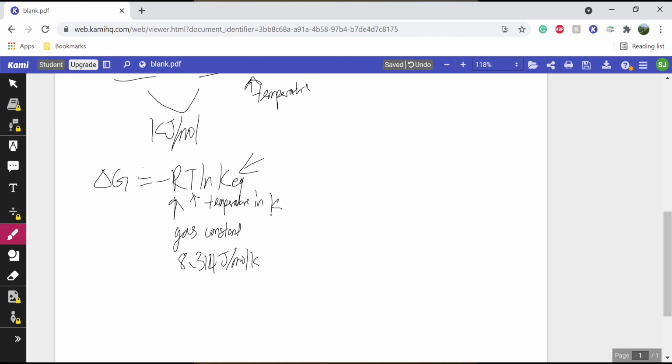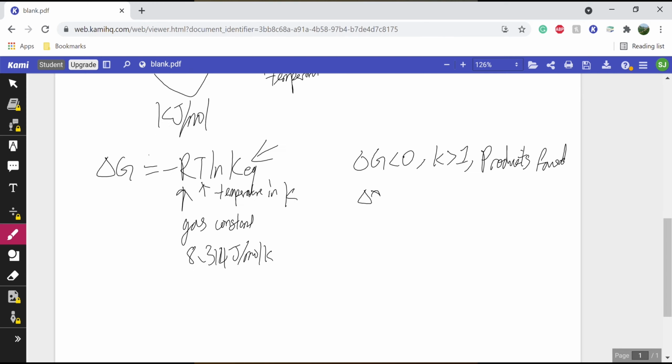And over here, if deltaG is equal to 0, that means the system is at equilibrium. If deltaG is less than 0, then that means K has to be greater than 1, and this means the products are favored. If deltaG is greater than 0, which means non-TFP, then that means K will be less than 1, and reactants are favored.